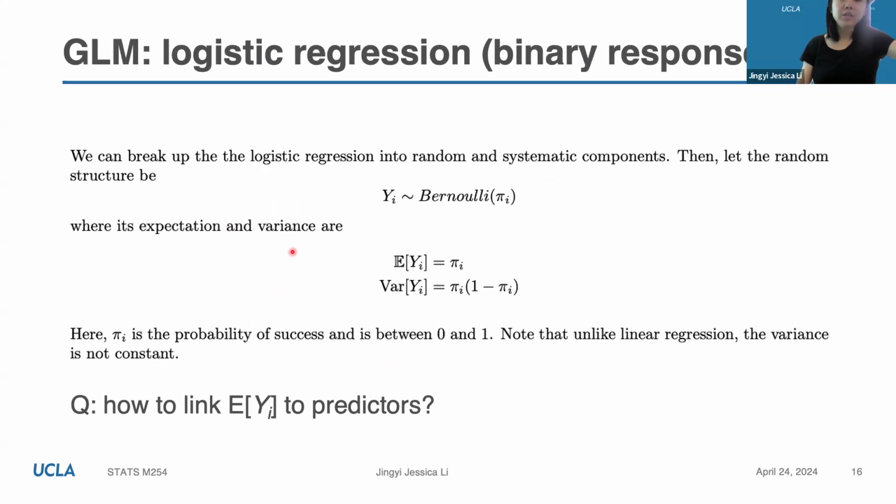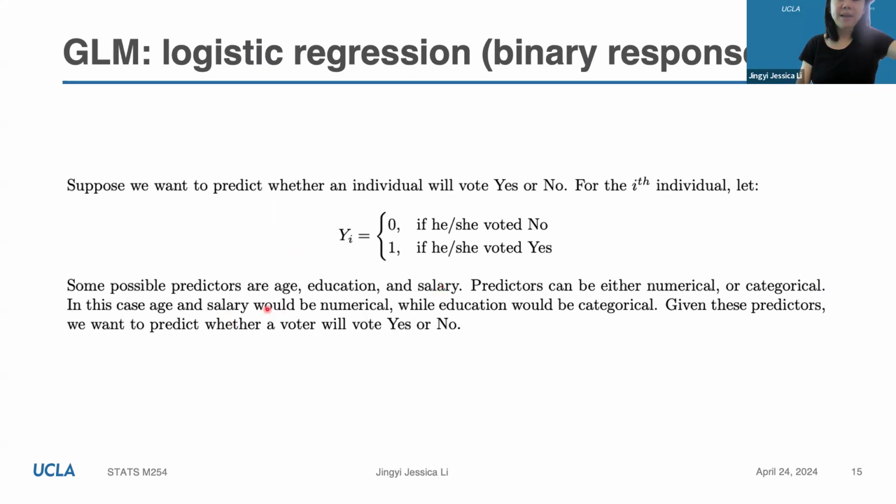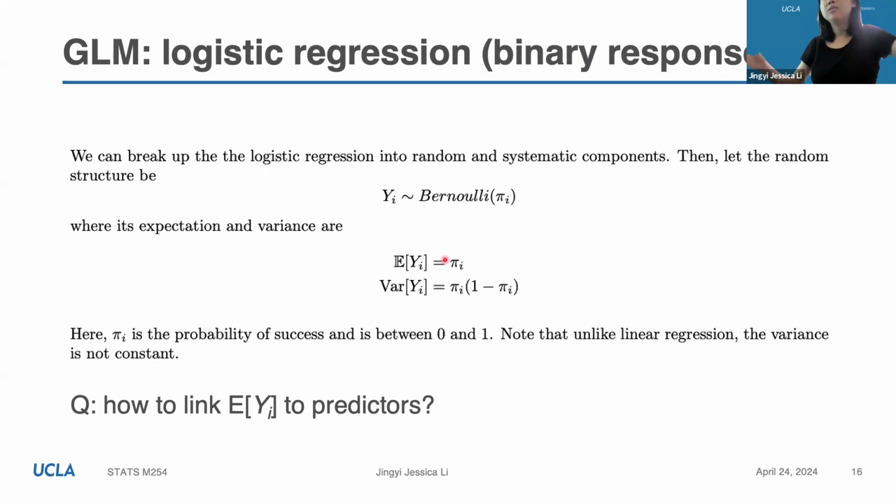The reason is, if you think about this application, age, education, salary, if you want to encode each one as a value, like for age, it's a numerical value itself, right? And salary, it has numerical value itself. But if you combine them in a linear way, it's very likely the combination is not in the range of 0 to 1. Then how can you link that to pi_i? The pi_i is here, the mean. So that's where generalized linear model helps us.